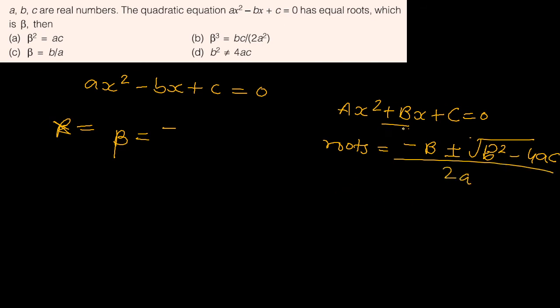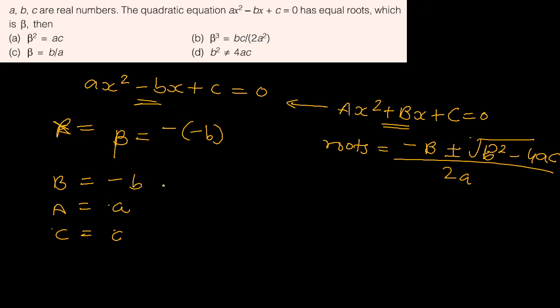So here b is positive and here it is negative, so let's do this minus b. In this, capital B is minus b, capital A is small a, and capital C is small c. Comparing this with this equation.